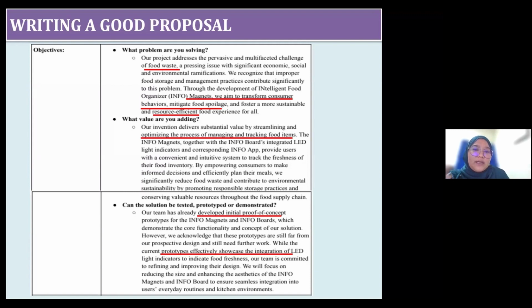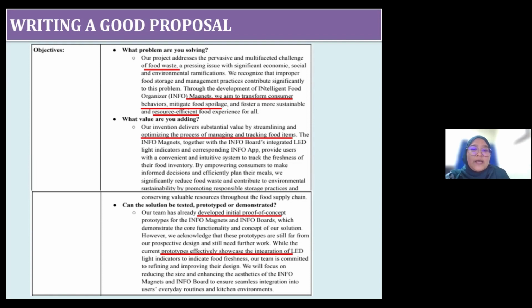So straight away, they put there the project's address: the multi-phase or pervasive challenge of food waste. So it's highlighted there that the problem is about food waste. They recognize improper food storage and management practice.